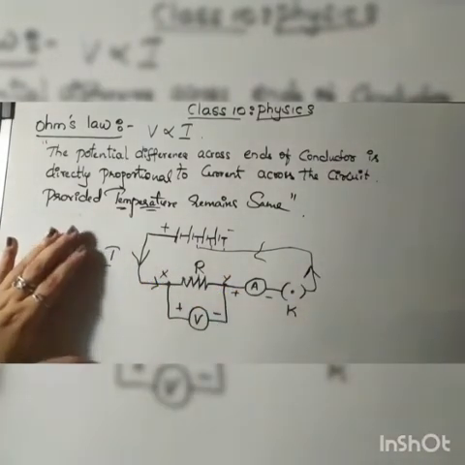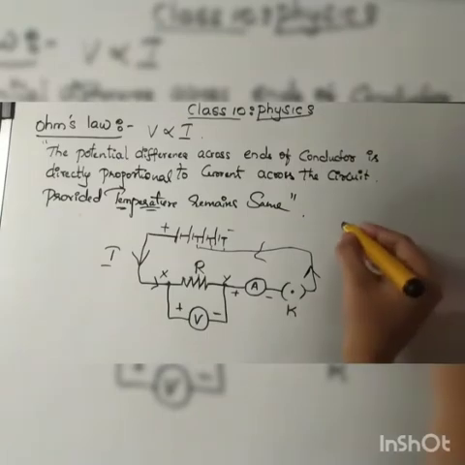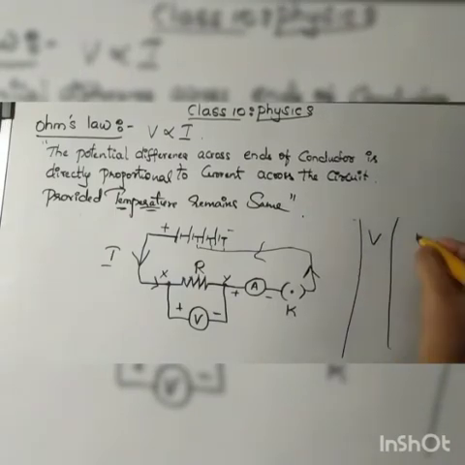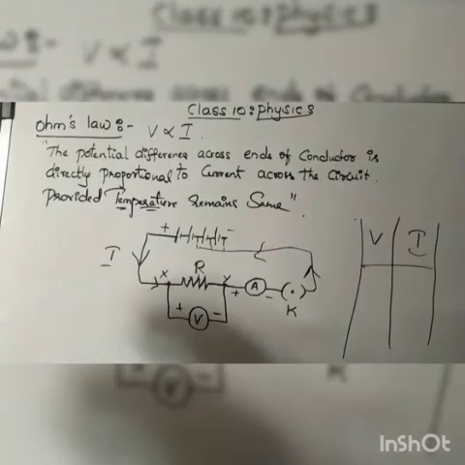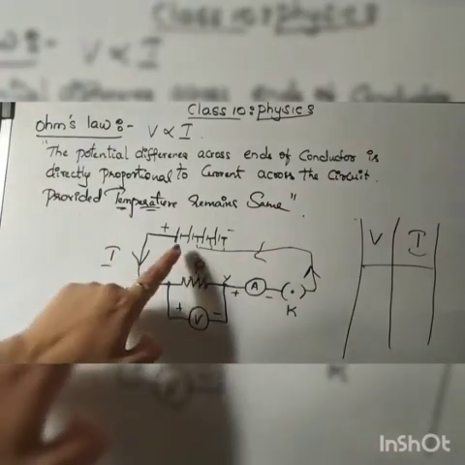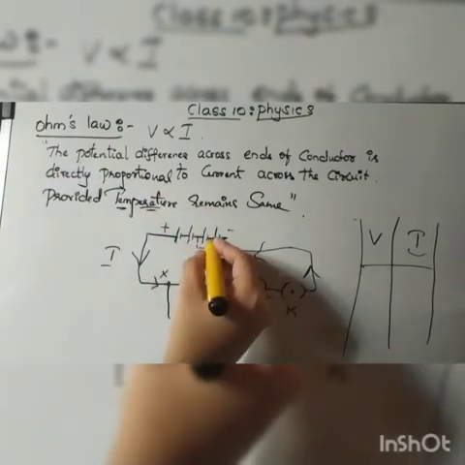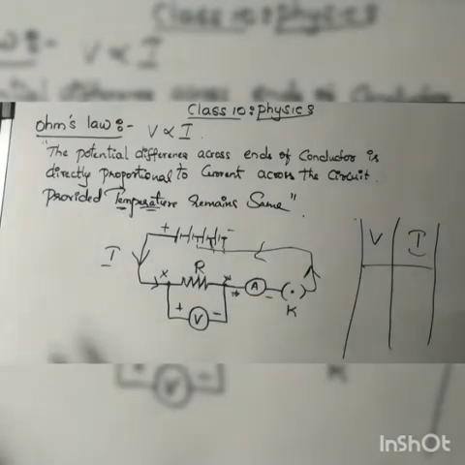Now there is an experiment for you to verify Ohm's law. If you do that experiment, you will observe two tabular columns, one is V and another is I. If I increase the cells, now I have used 2 cells, then 3 cells, then 4 cells, that means I am increasing the current.